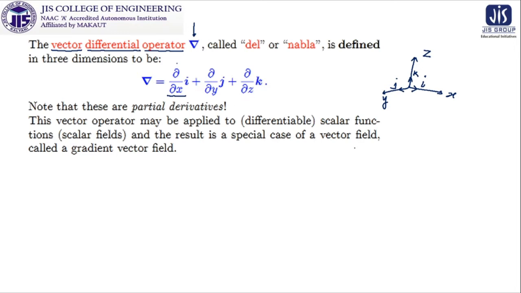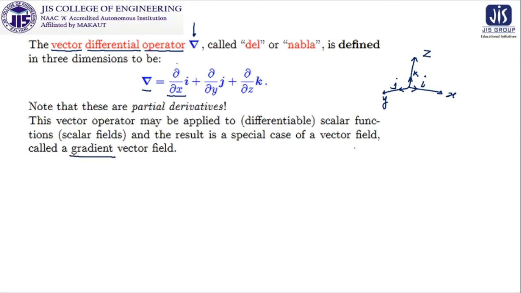But to be noted, this vector operator, that means this del, may be applied to differentiable scalar functions or scalar fields, and the result is a special case of a vector field called the gradient vector field.